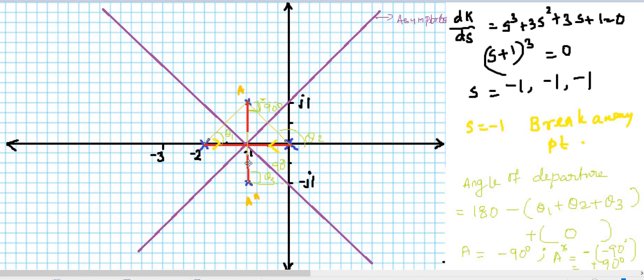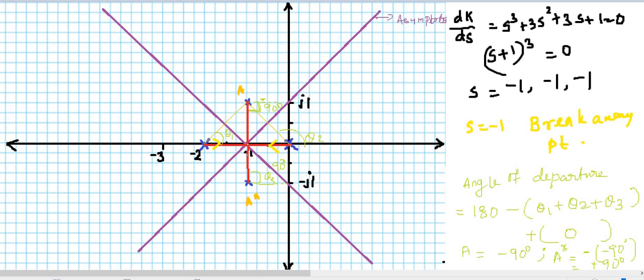So in these type of problems, if the complex poles are in a straight line to the breakaway point and the angles of departure are plus 90 and minus 90, these root locus branches will meet at the breakaway point, that is at minus 1.